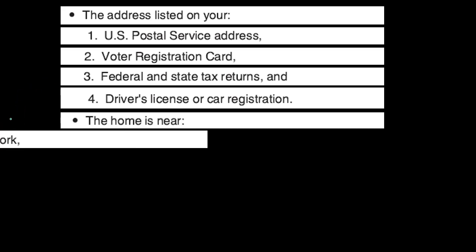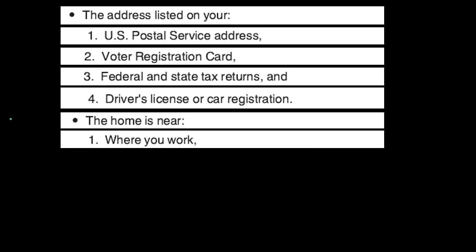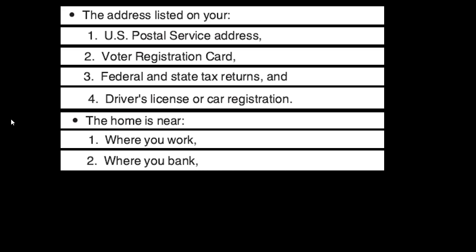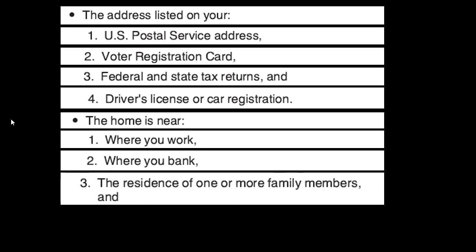The home is near where you work, so this would just make sense. If the home was close to where you would work, you could use that as evidence. You could say, hey, look, I live here out of convenience. That's why I live here. And then where you bank, the residence of one or more family members. So these are some more evidence that we can give.